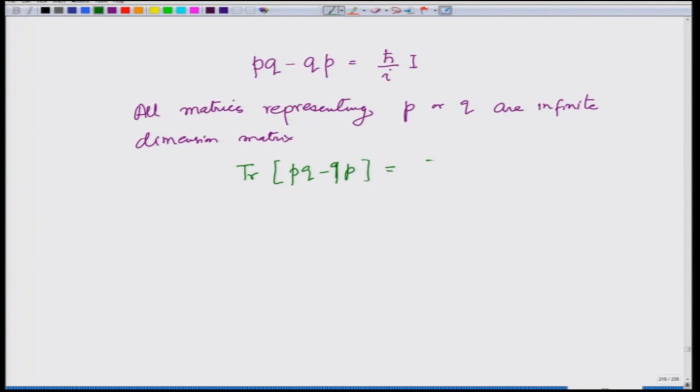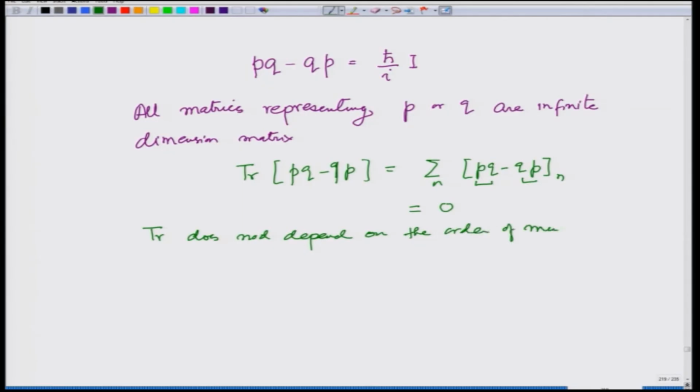which means I sum over all the diagonal elements, it is supposed to be 0 for such kind of products, because the trace does not depend on the order of multiplication of matrices.